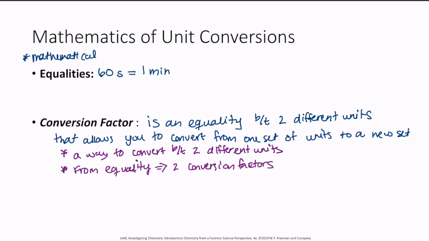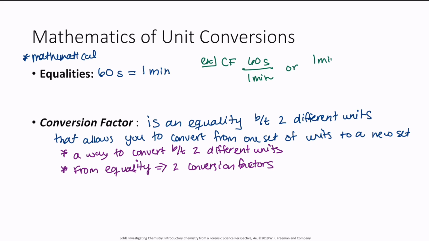All right, so if our equality is 60 seconds in 1 minute, for the conversion factors, I'm just going to take one of the numbers, let's say it's 60 seconds, and put that over the other number, which is 1 minute. Or I can flip it.